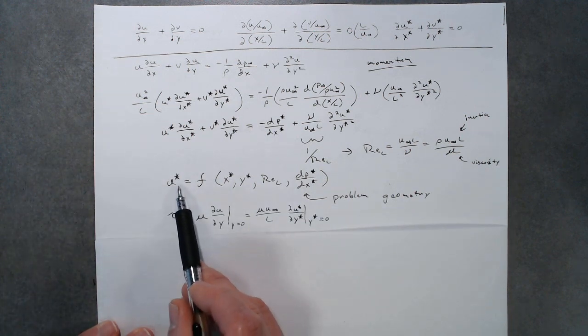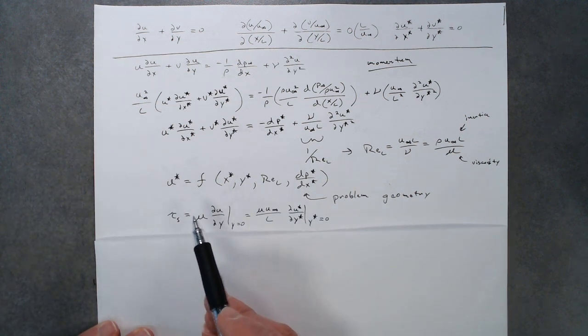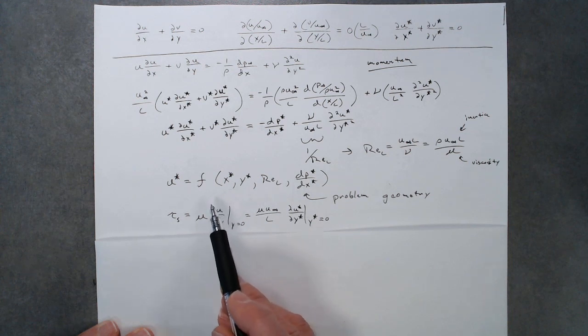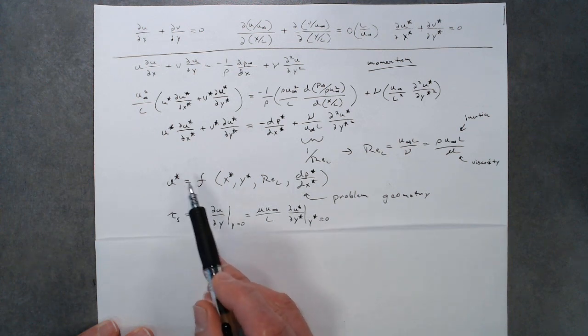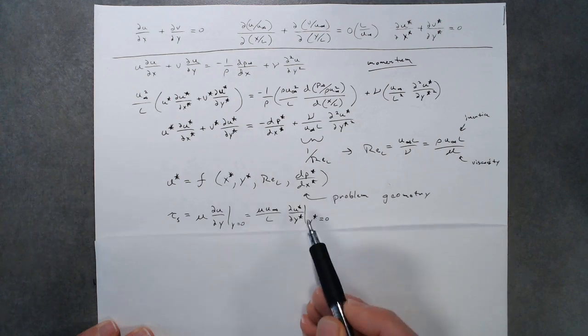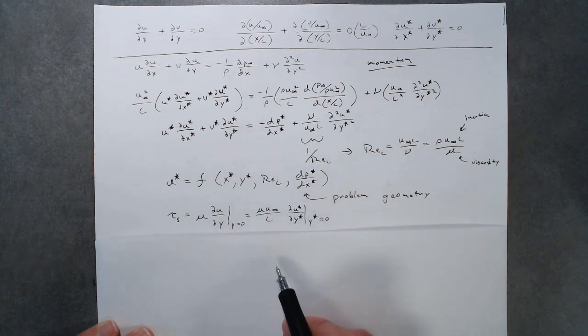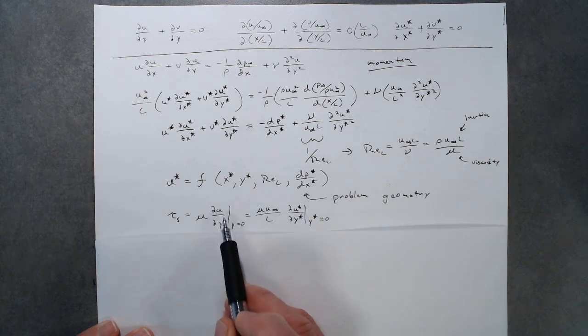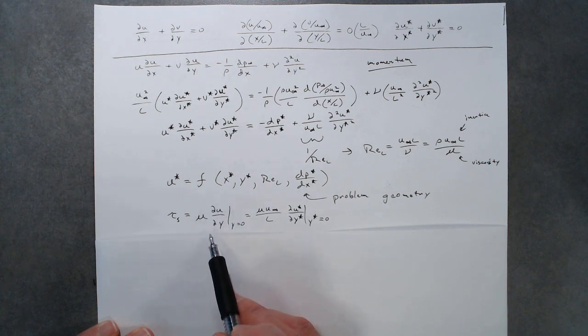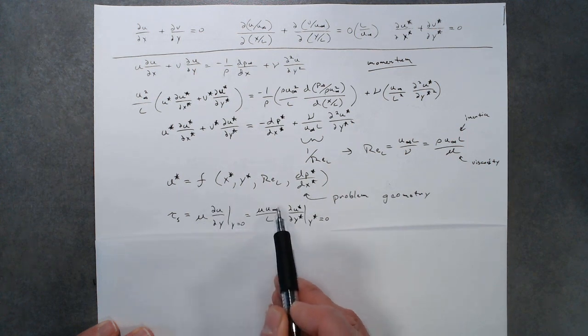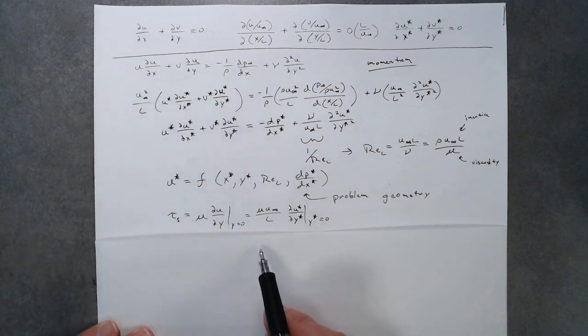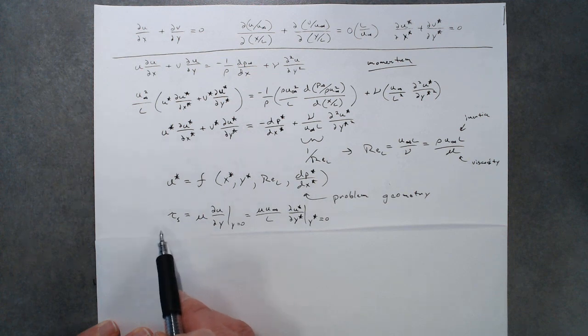And if I know what the velocity is, if I know what u star is, then I know what the velocity gradient is. If I know u star as a function of y star, then I can tell you what the gradient of u star with respect to y star is. And if I know that, then I can tell you what the gradient in u with respect to y is if I apply the definition of my non-dimensionalization. And from that, I can tell you what the surface shear stress is.